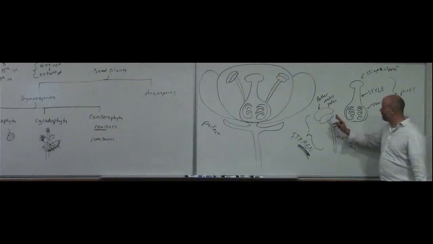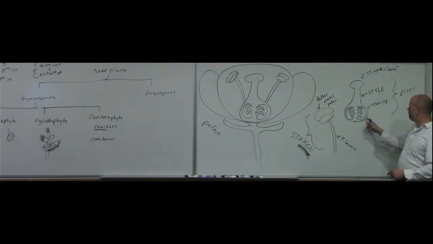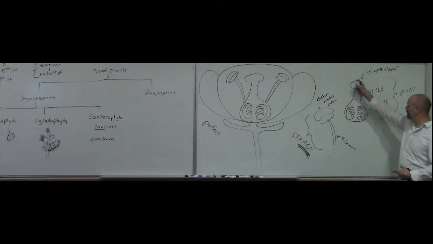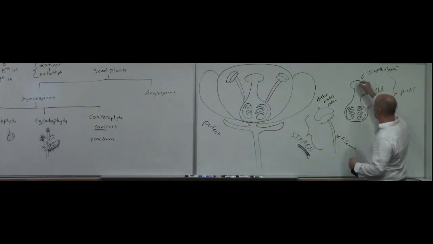So the filament lifts it up, the anther makes the pollen, and ultimately it has to make it to the stigma where it's sticky, but my eggs are down here. So I've got to get from here to here. What it does is it has enzymes that will digest this plant material, and it'll make a pollen tube.